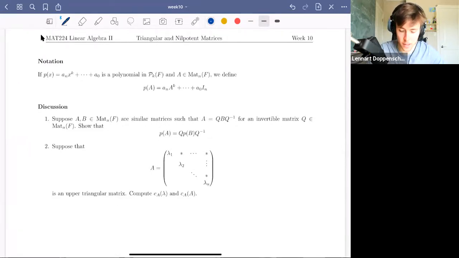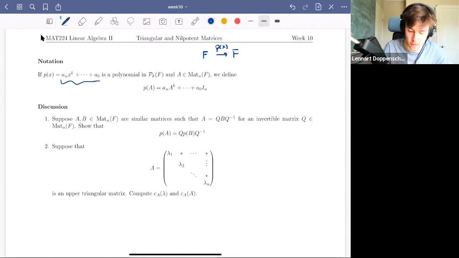This notation is kind of an abuse of notation, because if you have a polynomial, we usually think of this as a function from a field to a field, say R to R. So this is p of x, and we just exponentiate the argument, multiply by the coefficients, and sum them all together. But all these operations really make sense for matrices as well.